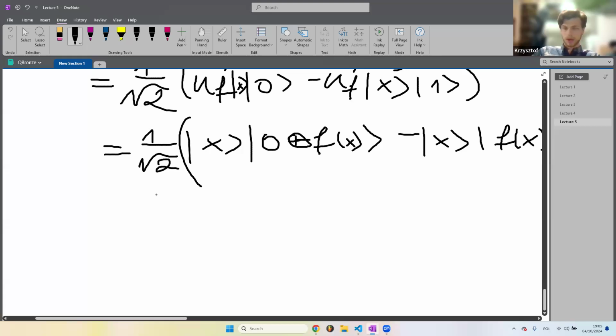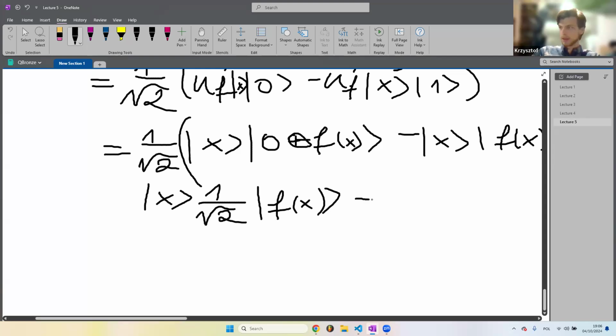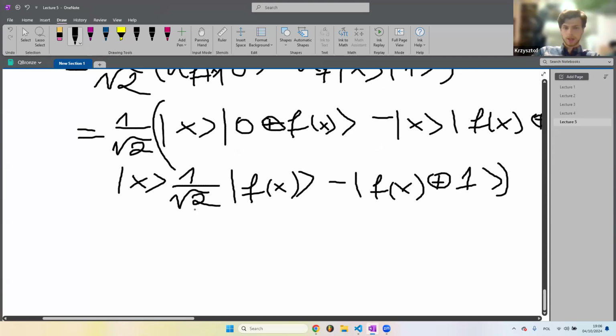So we would have just x 1 over square root of 2 f of x minus f of x, binary addition to 1 state. And then here comes the trick.